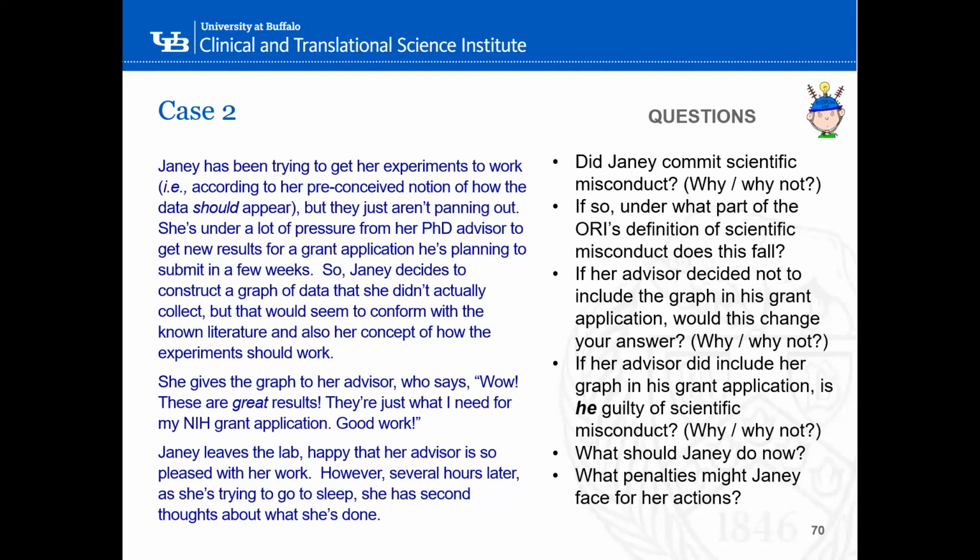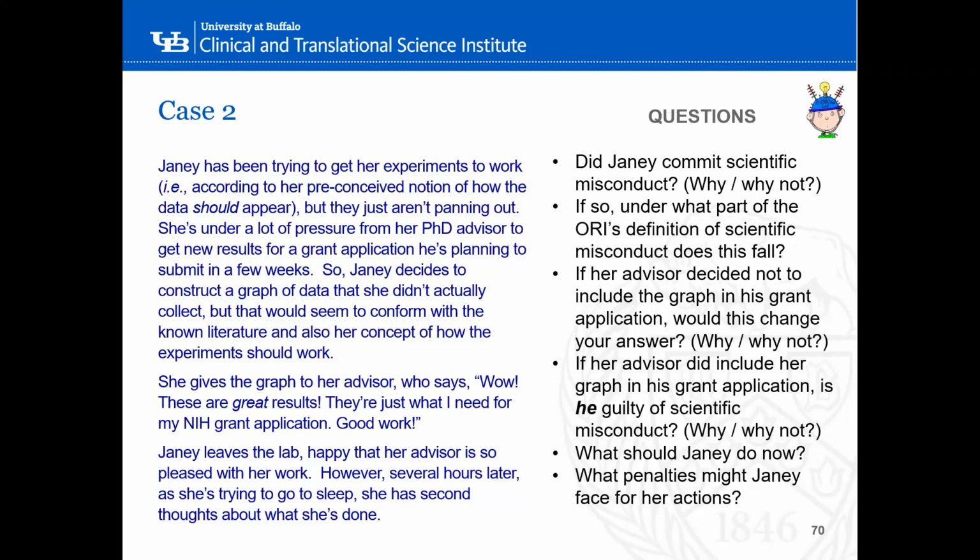So the supervisor has a responsibility to make sure the data is true data. He is involuntarily involved in this, but he has a responsibility to verify and check, rather than just believe whatever the student tells the supervisor. So I think the supervisor is guilty.